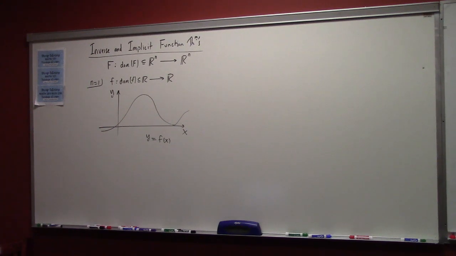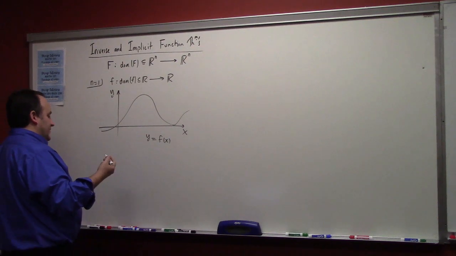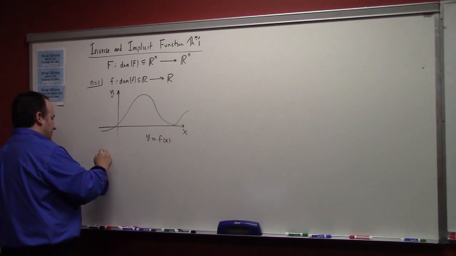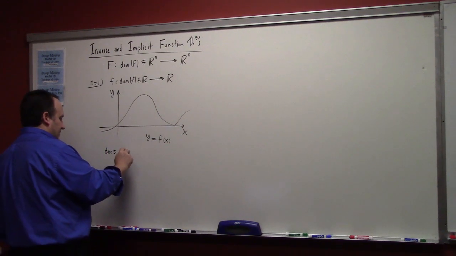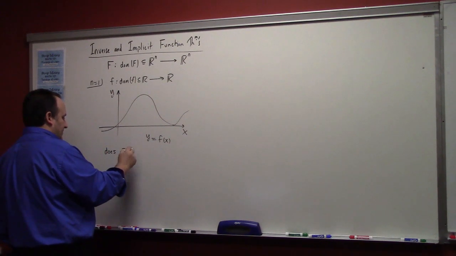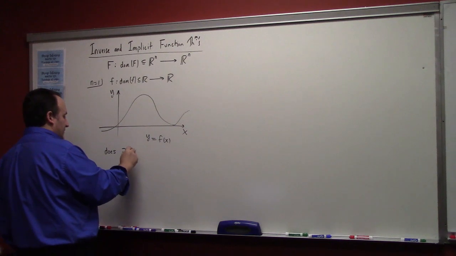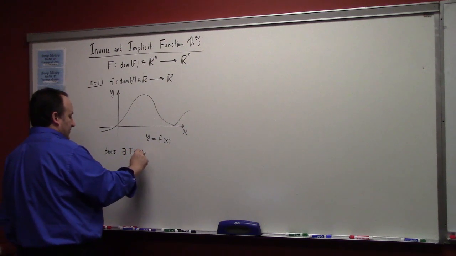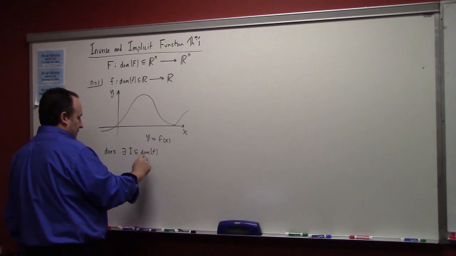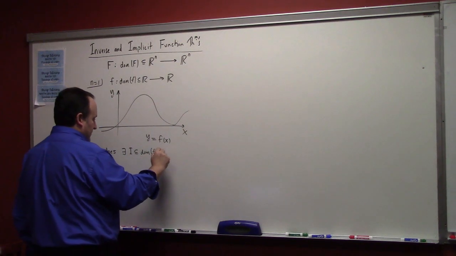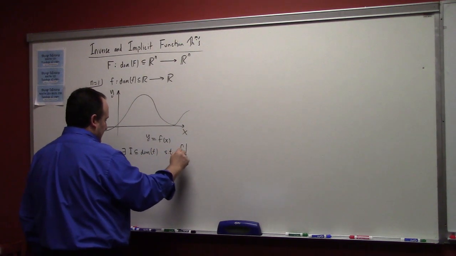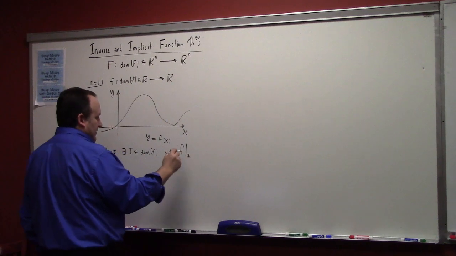Well, obviously not in the global sense, right? But then we can ask a more delicate question. We can say, okay, does there exist some open interval of the domain for which f restricted to that interval is 1 to 1?